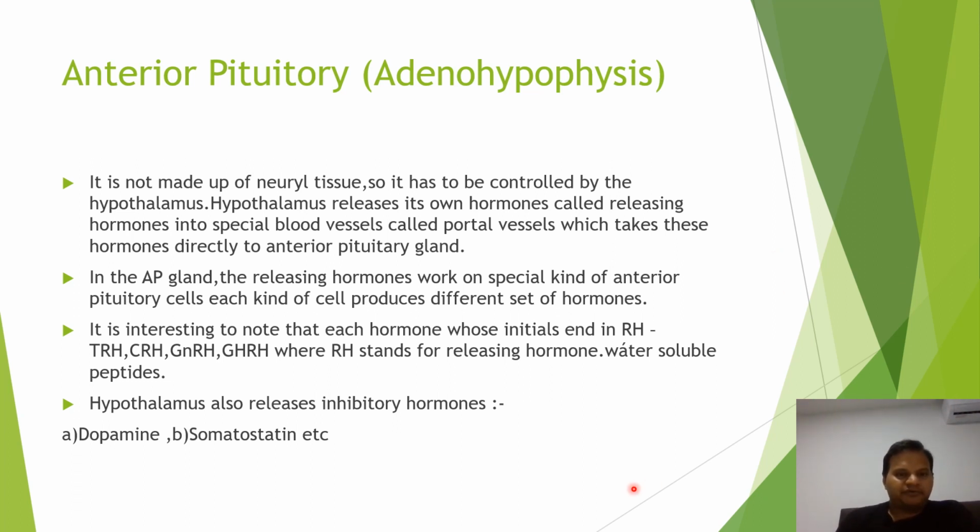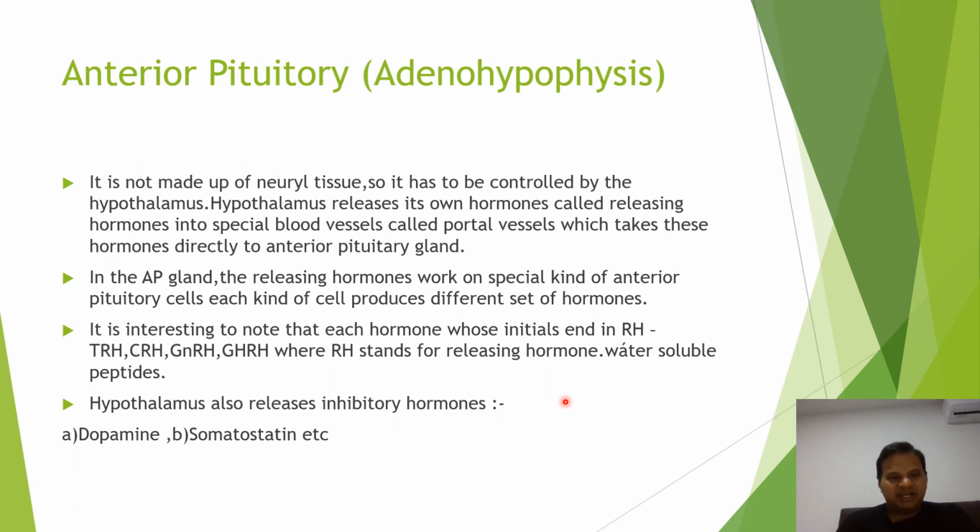It is not made up of neural tissue, so it has to be controlled by the hypothalamus. The hypothalamus releases its own hormones called releasing hormones into special blood vessels called portal vessels, which take these hormones directly to the anterior pituitary gland.